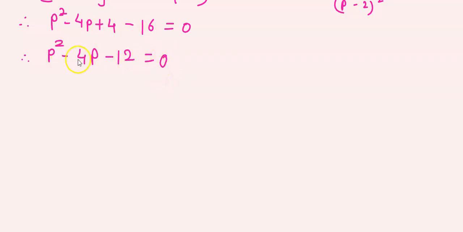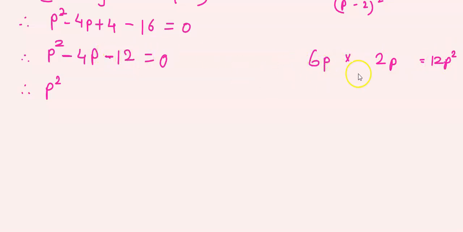Now splitting the middle term, we want factors: 6 2s are 12 and 6 minus 2 is 4. But what will the signs be? Since this has a minus sign, if we take the factors as 6p and 2p, we will get 12p², and it is negative.